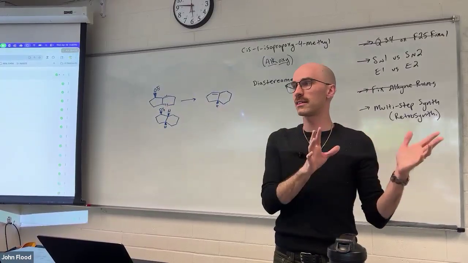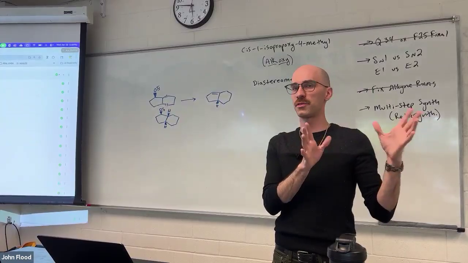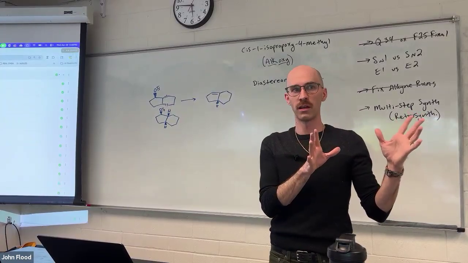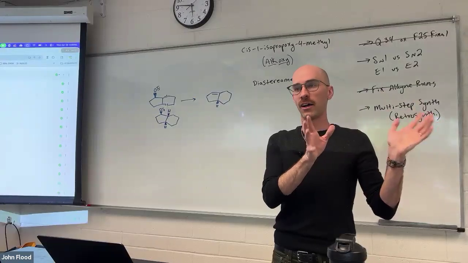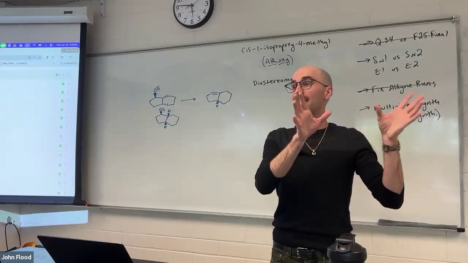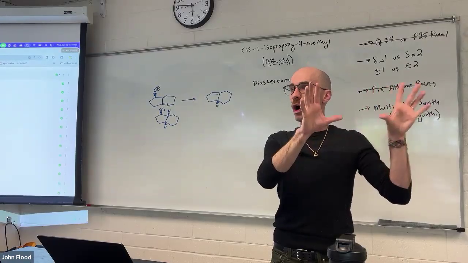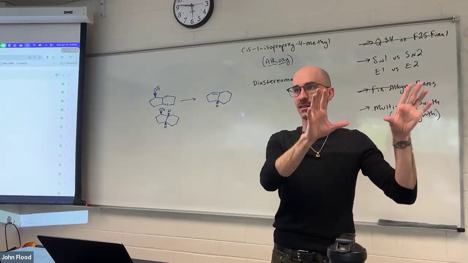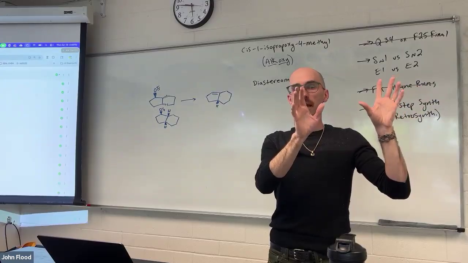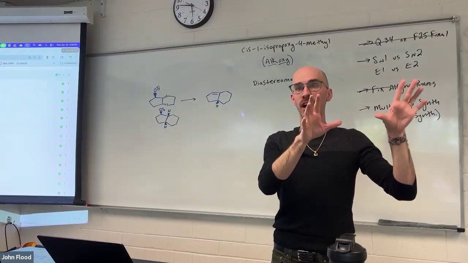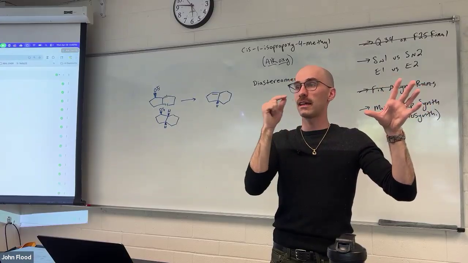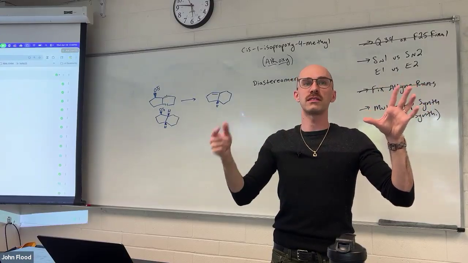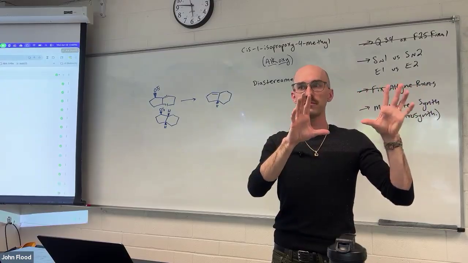If the less substituted alkene that could form does form, we call that an anti-Zaitsev alkene, and that requires an anti-Zaitsev base. And we only have one anti-Zaitsev base. That's tert butoxide. Tert butoxide does not form the most stable alkene. Instead, it follows the lowest energy barrier.